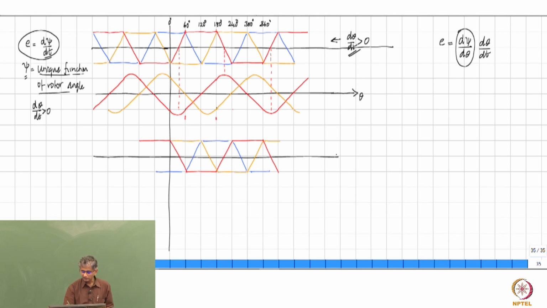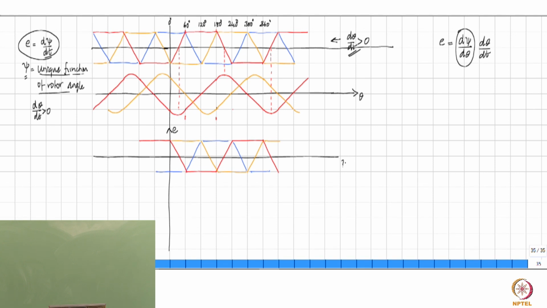How will you mark the x-axis now? This is still induced EMF. What will be x-axis? D theta by dt is negative. That means you are going to be moving along this direction. See, this is the direction of increasing rotor angle. But if you are going to be rotating in the opposite direction, you will have to be moving along this direction.